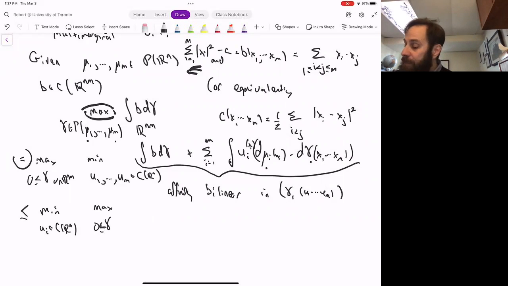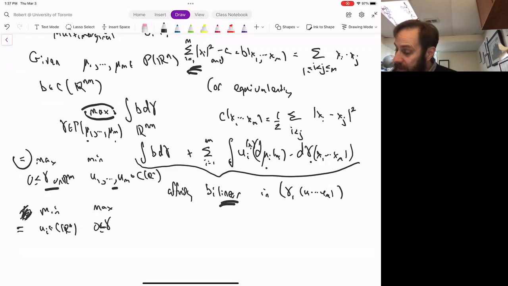Since this is bilinear, and this is like the positive cone in some vector space and this is some other vector space, if these were compact sets you'd have a rigorous proof that equality holds, and you can hope that equality holds anyway. If you could regularize things by adding something growing at infinity in the u_i direction where you're trying to minimize, and something going to minus infinity in the gamma direction where you're trying to maximize, it's natural to expect that equality holds under the interchange of min and max.